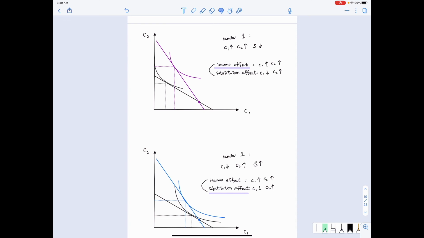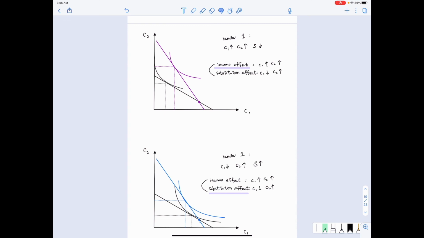But the second lender saves a little less than the first lender, so the additional resources due to the increase in the real interest rate are not that much. Therefore, the substitution effect dominates.